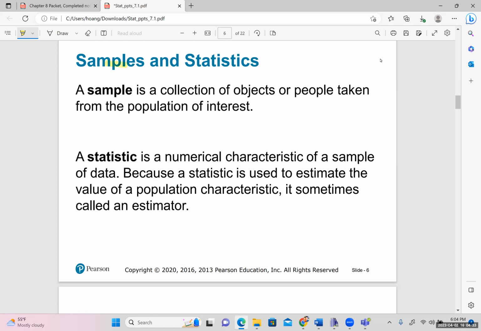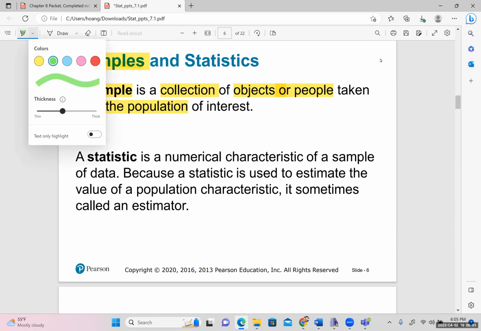So let's come to samples and statistics. A sample is a collection of objects or people taken from a population.